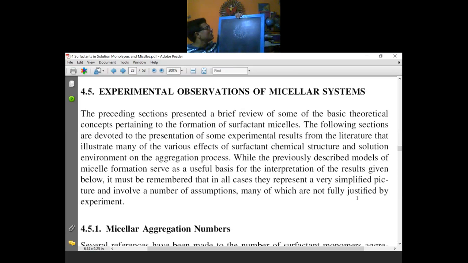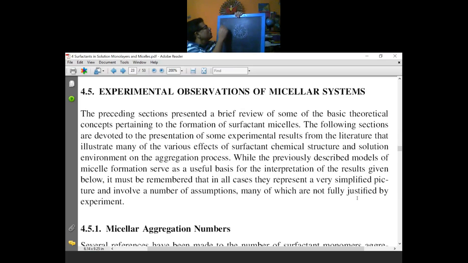If I know the average mass of a monomer, and if I can determine the mass of this aggregate, I will simply divide the mass of the aggregate by the mass of the monomer, and I will get the value of n.